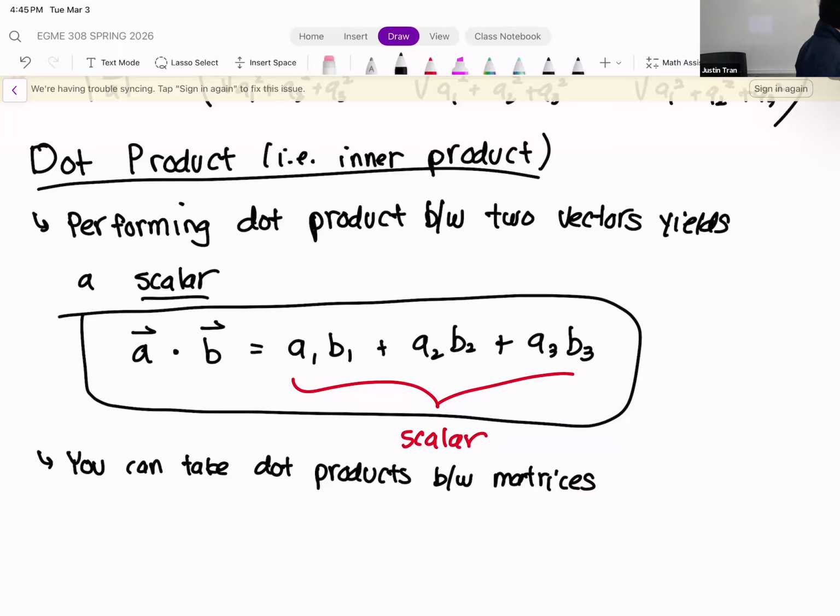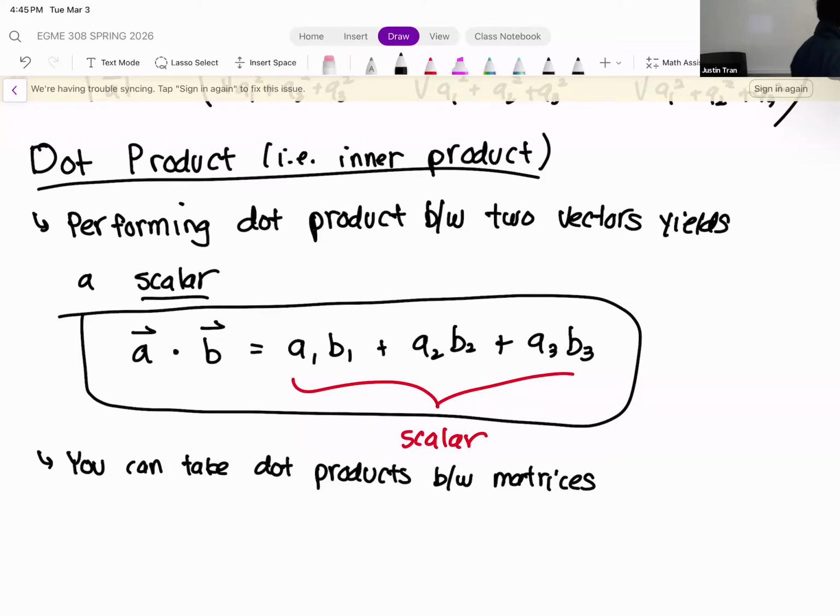If you get into graduate level solid mechanics, you'll see this notation. You'll actually see dot products between four-dimensional tensors, which is another trip that we won't go down. But the same property applies: when you take the dot product between two mathematical quantities, you don't get something of the same dimension.